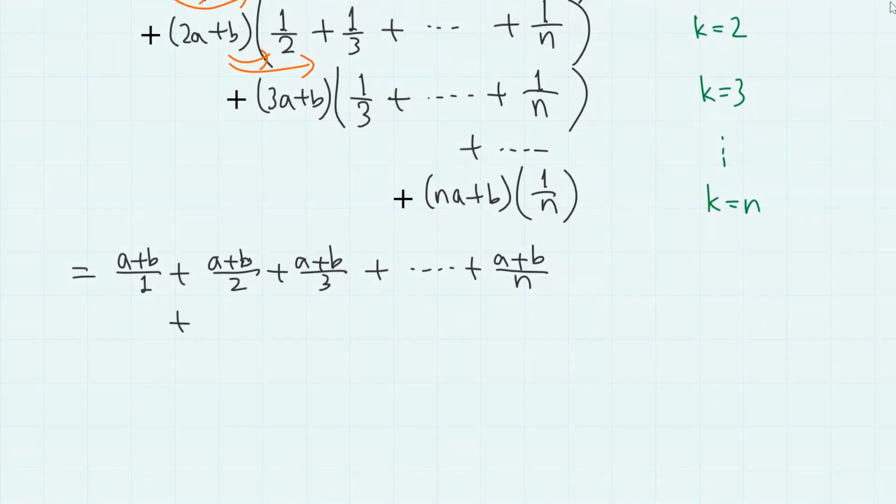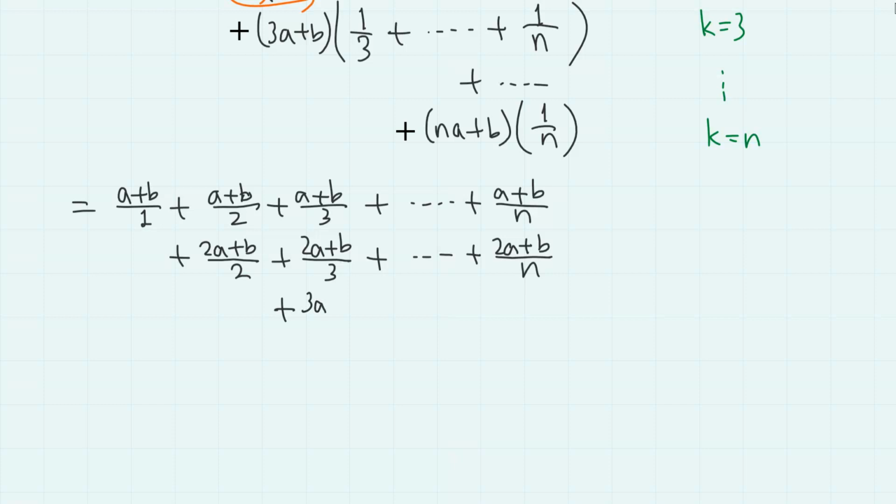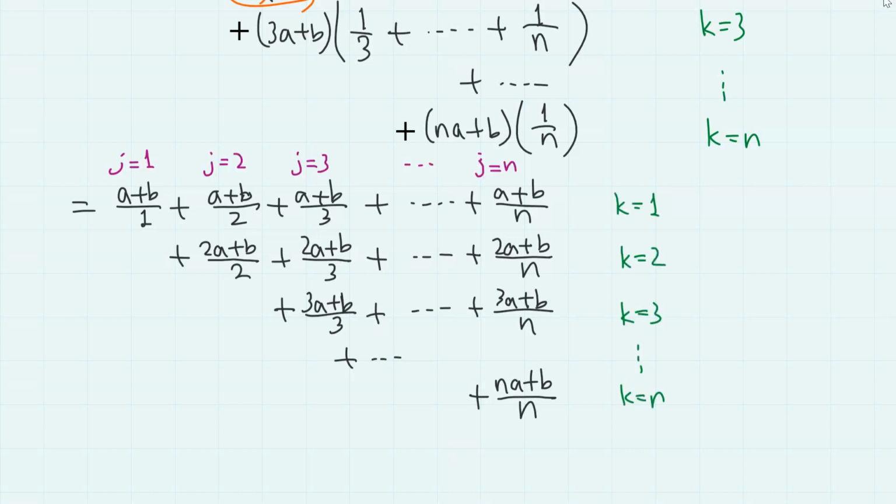Then in the next row we have 2a plus b over 2 plus 2a plus b over 3 plus 2a plus b over n. Then of course 3a plus b over 3, 3a plus b over n, and so on until na plus b over n. And as you've already seen, these are corresponding j and k values.